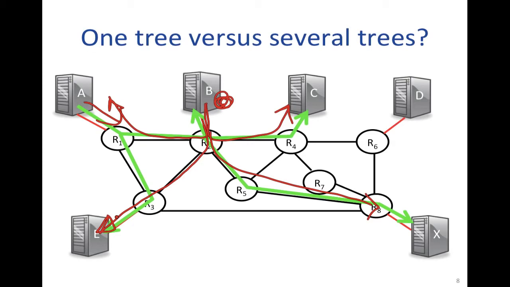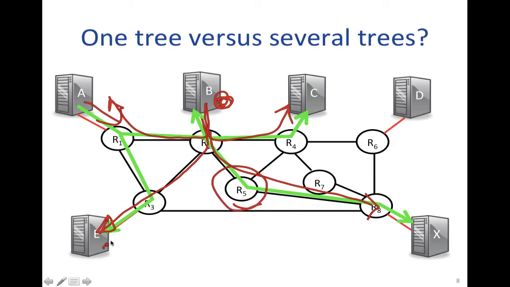But in communications where the multicast group of end hosts is very small, it might be easier, instead of building a whole load of trees, one for every source, to establish some rendezvous points. And we'll see an example of this later. So for example, we might elect R5 as a rendezvous point through which all of the multicast packets are going to go.